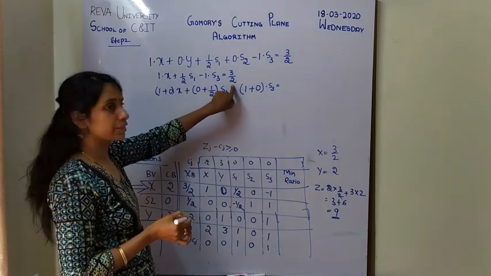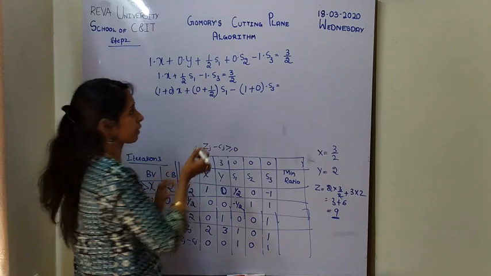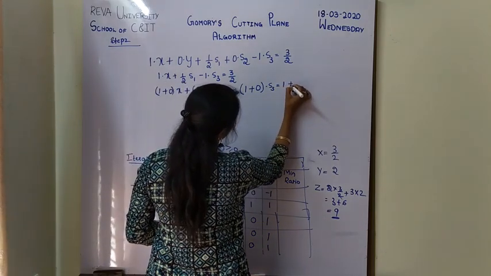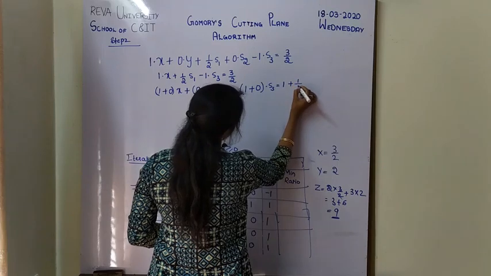How can I represent this in terms of integers and fractions? This will be 1 plus 1 by 2.